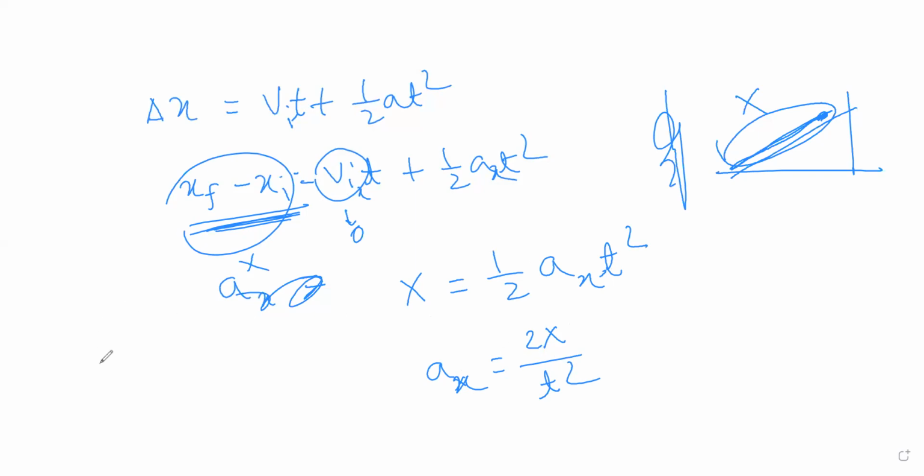Now in the previous page, we already got ax equal to, if you remember, g sine theta. So here we got ax equal to g sine theta. So in this case, we can write our g using the formula for ax, estimate.